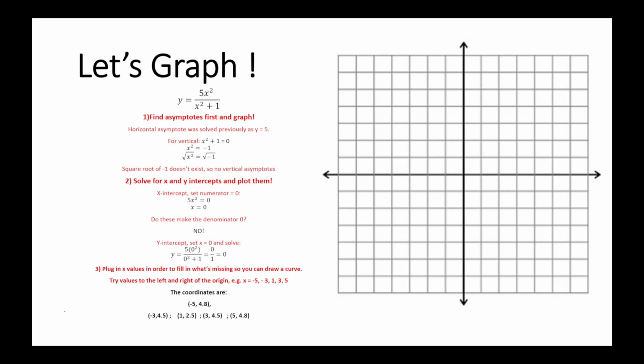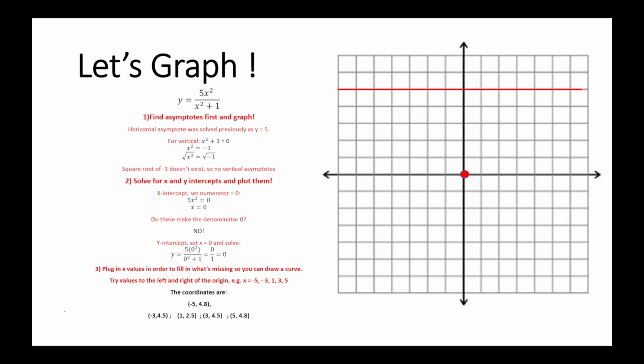So let's put this together. Right here is our horizontal asymptote, which was y equals 5. So I just put a straight line through y equals 5. There's my x-intercept and y-intercept, right there at the origin.